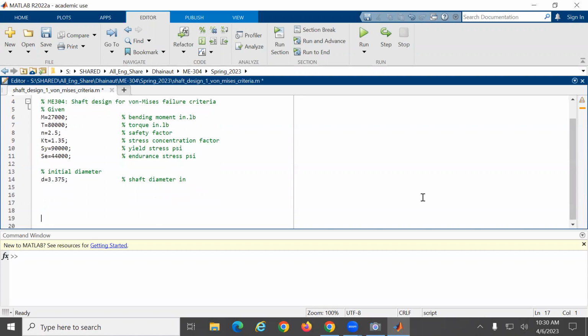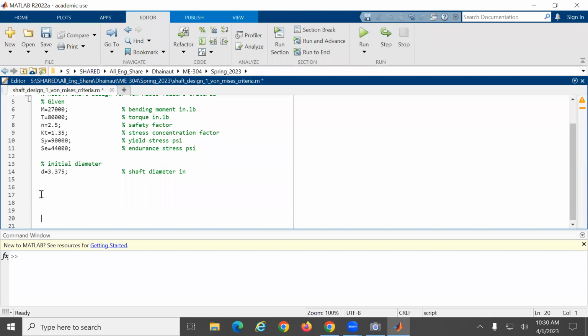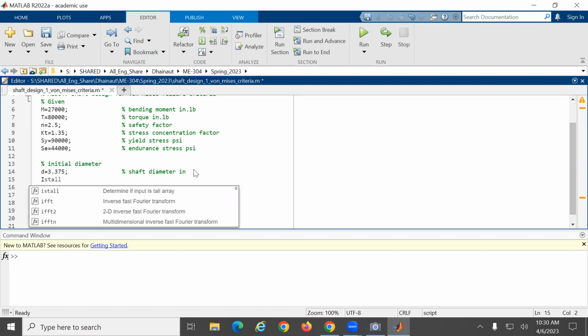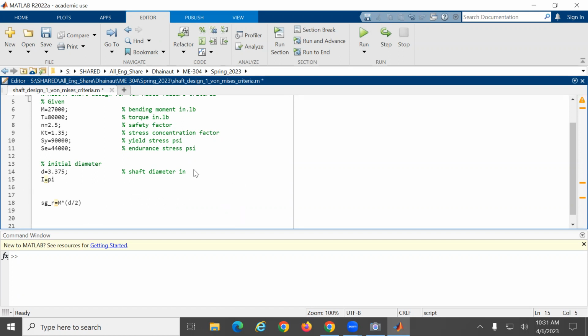Then we go back or do the for loop, but let's just put the stuff that we know. So let's see, sigma R, what's it going to be equal to? M times D over 2. So maybe we can do stuff outside as well. Okay, let me put some stuff over here. Then here we can have I equal to pi over 64 times D to the 4th.